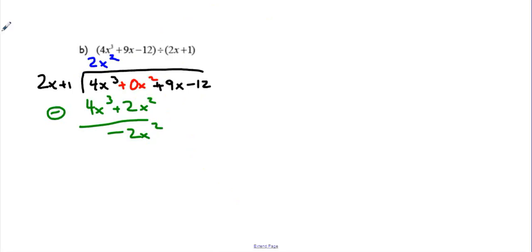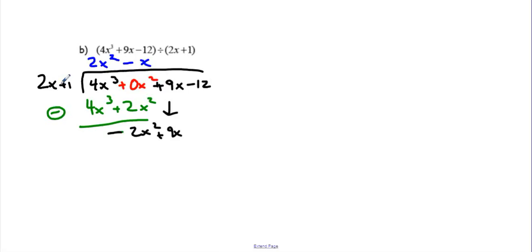Now I'm going to bring down the 9x, plus 9x. I'm going to ask myself, what do I multiply 2x by to get minus 2x squared? And the answer is minus x.